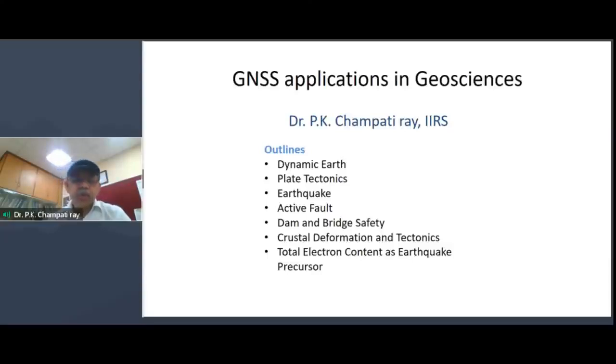So far as the geological knowledge and the observation analysis goes, the Indian plate, on which our country is located, is moving something like 50 to 55 millimeter a year, and it is moving in the northeast direction.